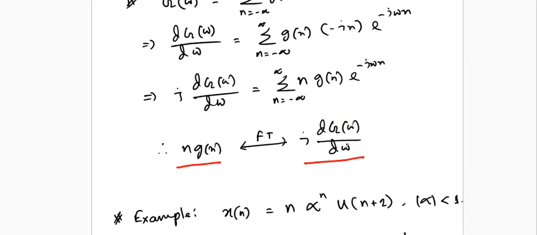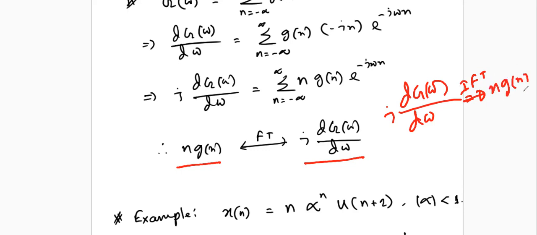We can mention very easily that the differentiation of G(omega) in the frequency domain can be written like this as well, if we are not considering the j here, because we understand which part we got the j from. So in that case, this j part should be here. Otherwise, we do the inverse Fourier transform. Whenever we do the inverse Fourier transform, it will give this value n times g[n].